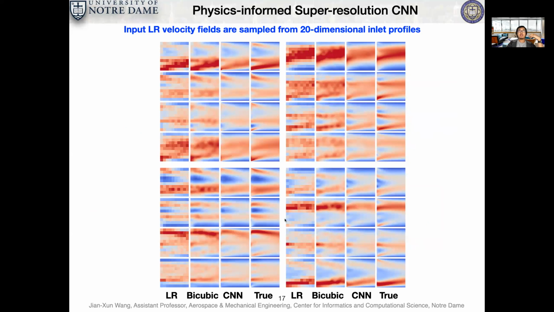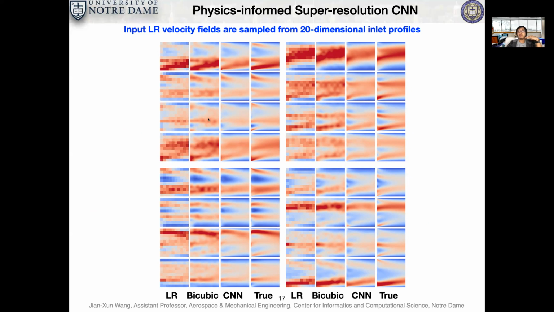And lastly, I would like to show you that the trained network can rapidly super resolve the low resolution flow field to the high resolution one in a high dimensional parameter space. For example, the low resolution velocity field is obtained by randomly sampling the inlet profiles in a 20-dimensional parameter space.